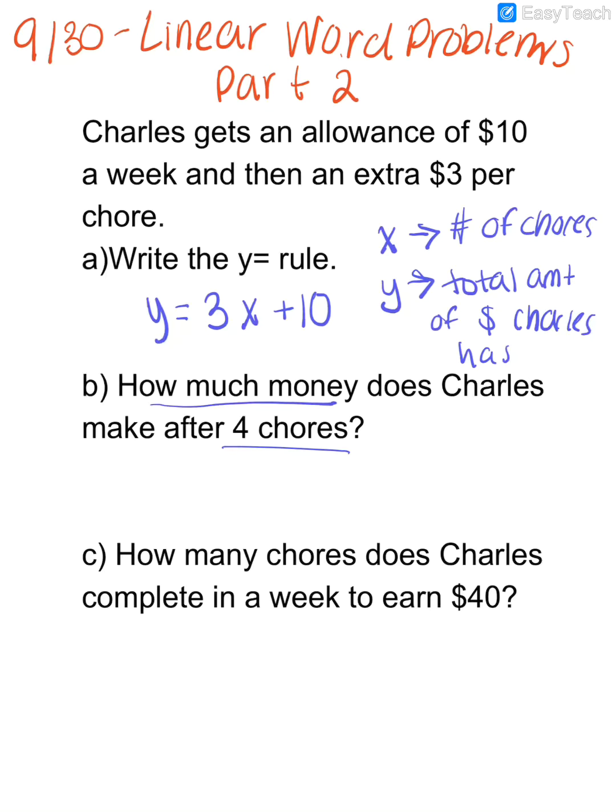So which variable is the total amount of money he makes or has at the end of the week? That would be y. So we're going to put 4 in for x. And we want to know what y is. This is what we want to find out.